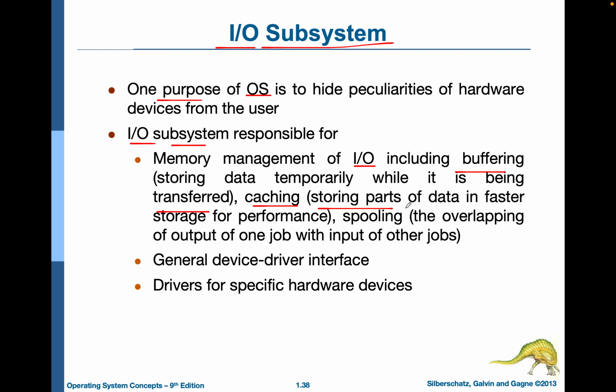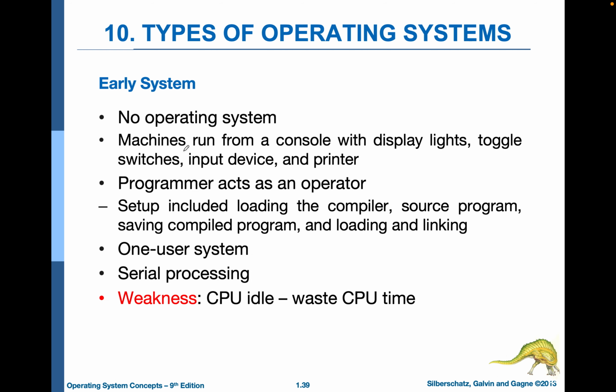Caching, storing part of data in faster storage for performance. Spooling, the overlapping of output of one job with input of another job. And second, a general device driver interface, and lastly drivers for specific hardware devices. So these are the several responsibilities of your input-output subsystem.